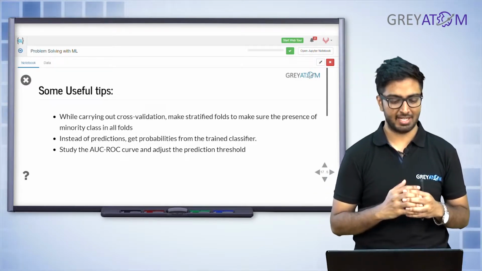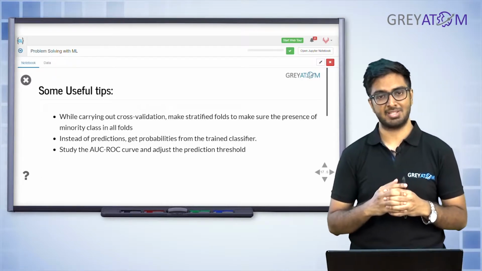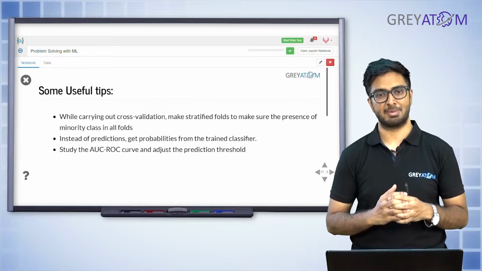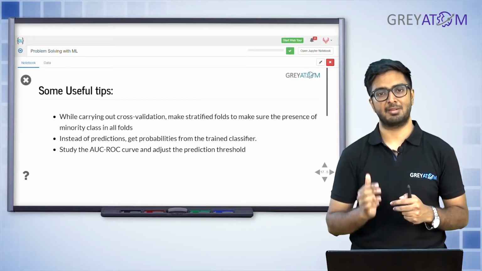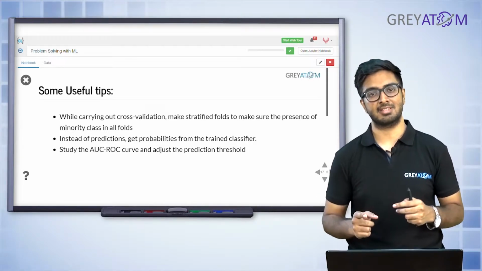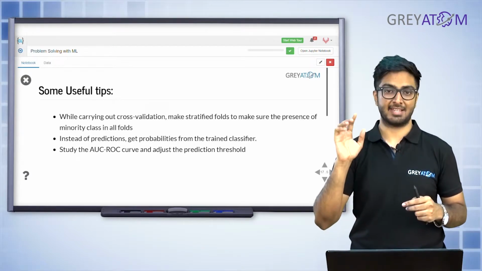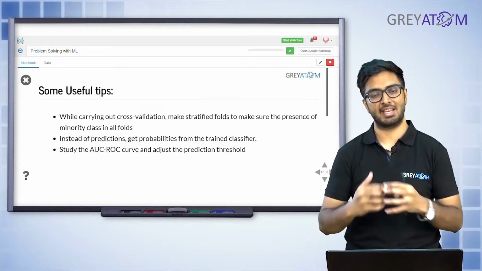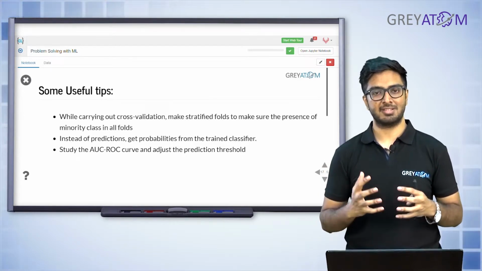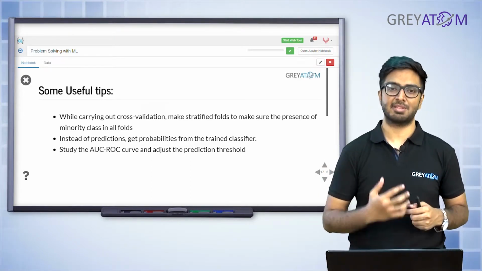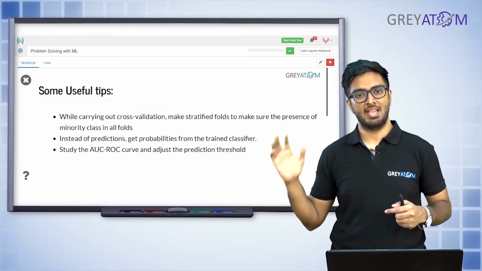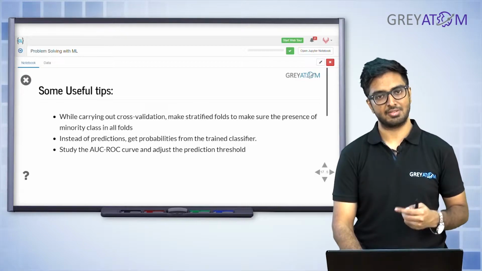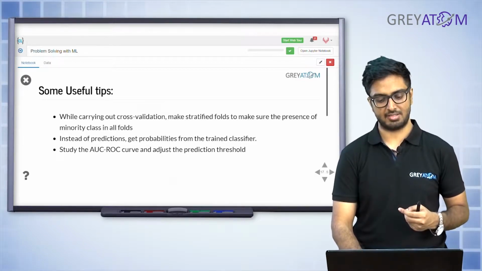Dealing with prediction probabilities is a much easier game than dealing with class predictions, because class predictions are based on probabilities and a threshold, and that threshold has to be decided not only by you but also in talks with the business and everyone. That threshold is not something easy to decide. So as far as possible, try to avoid prediction classes and work with probabilities. And that follows from the fact that you should study the AUC ROC curve and adjust the threshold.